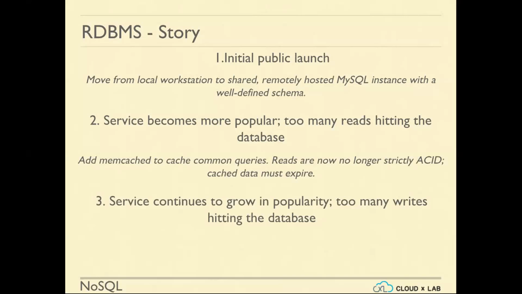Now the service still continues to grow, and too many writes are hitting the database. Too many users are adding to cart, too many users are trying to buy, and the service is growing in popularity. It should be good news to you, but it becomes bad news to the DBA.